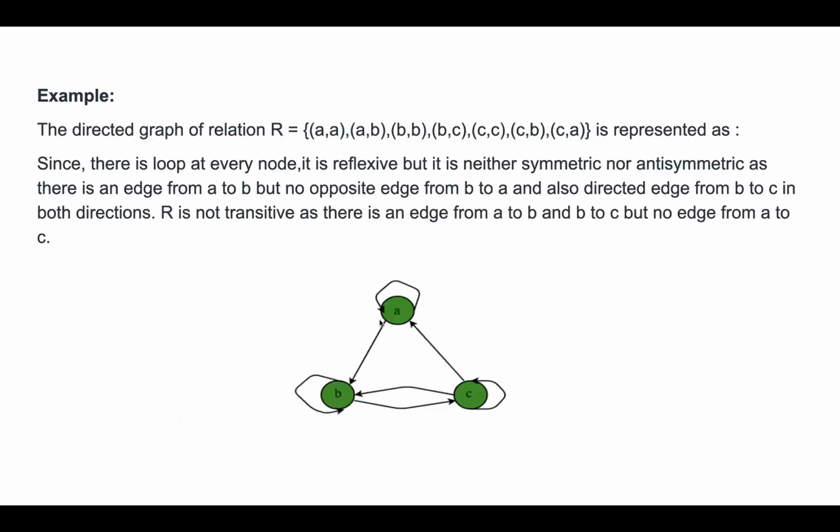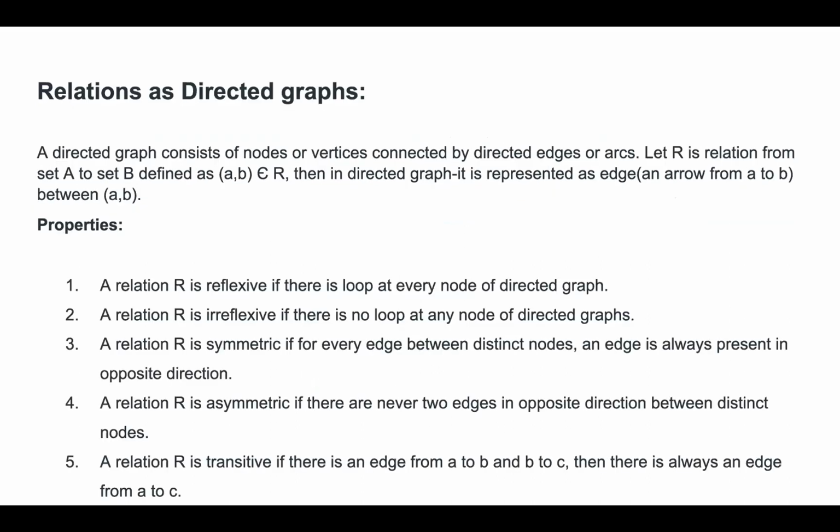Here A, B and C, as a self loop is there, then we are saying it is reflexive. If the arrow is going from B to C, and it is also coming from C to B, then it will be known as symmetricity.